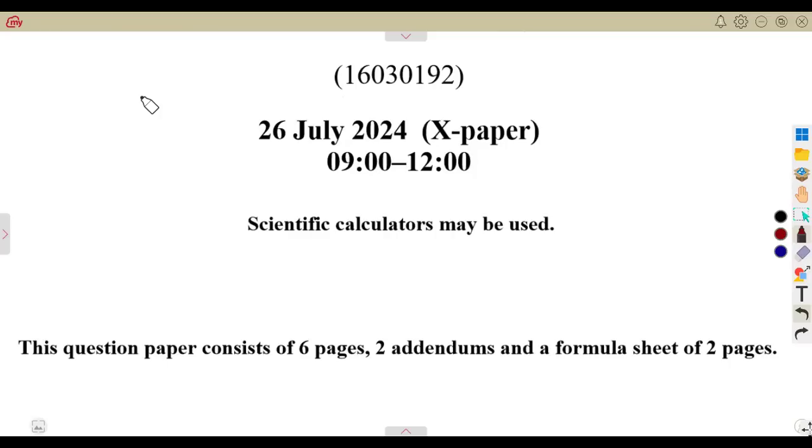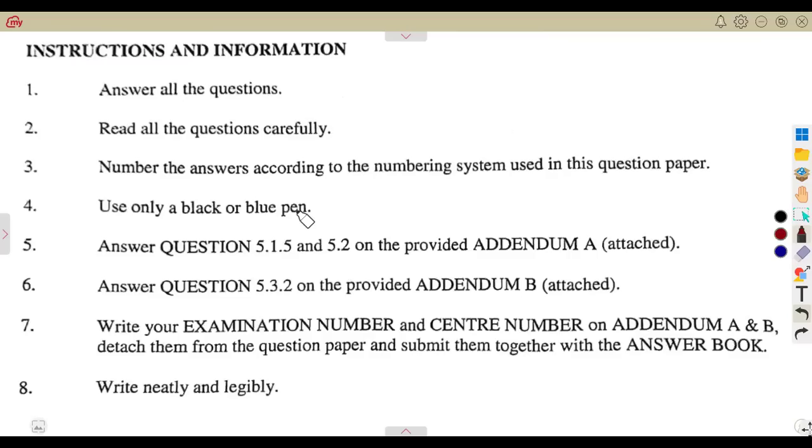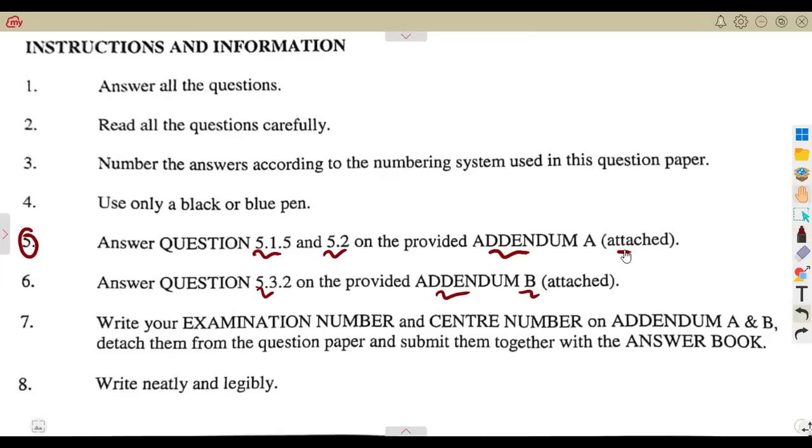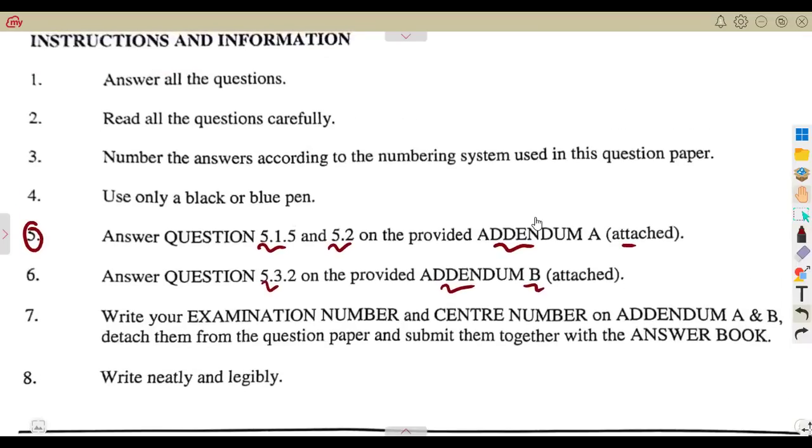So in this case, we are going to note that we were given our question paper, which had the information that makes sure the most important part: you were given to answer question 5.1 and 5.2 on the provided addendum A attached, and also 5.3.2, which was on addendum B. You also have to write your examination number, which is important, and make sure that you write clearly.